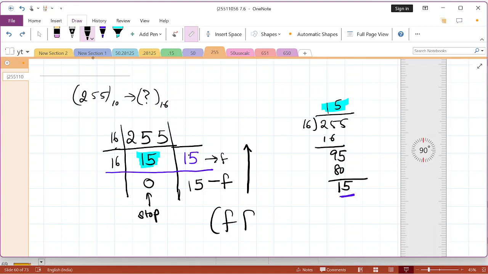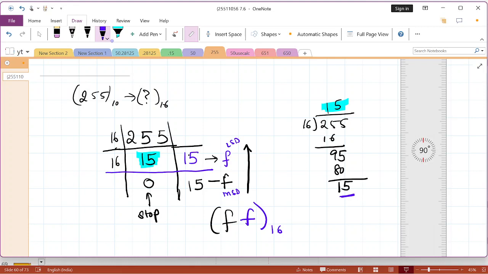Let me write in separate colors so that you can know where I have written which number. So this is your least significant hexadecimal digit. This becomes your most significant hexadecimal digit.